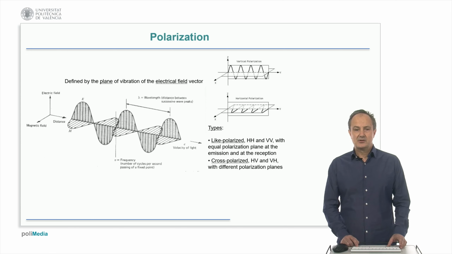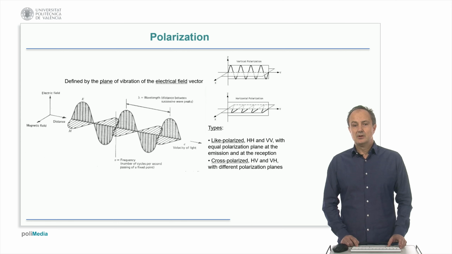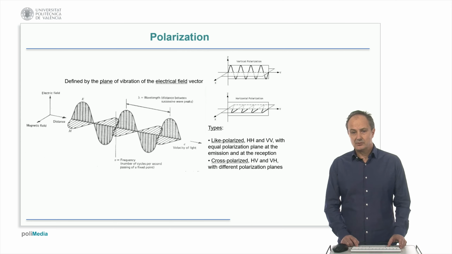The like polarization increases the signal-to-noise ratio, resulting in images with less noise. The cross-polarized systems measure the depolarization component of the signal, which is due to the corner reflectors, surface roughness, or volume scattering.